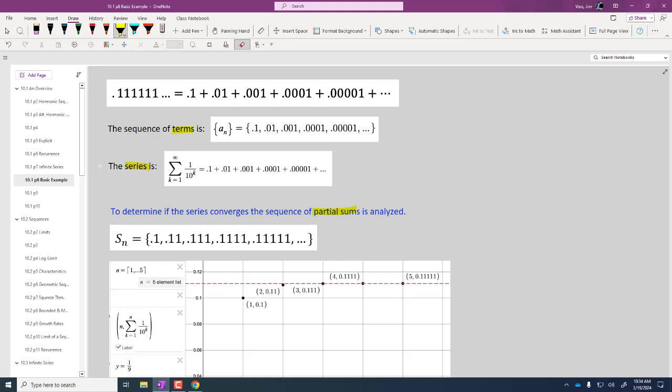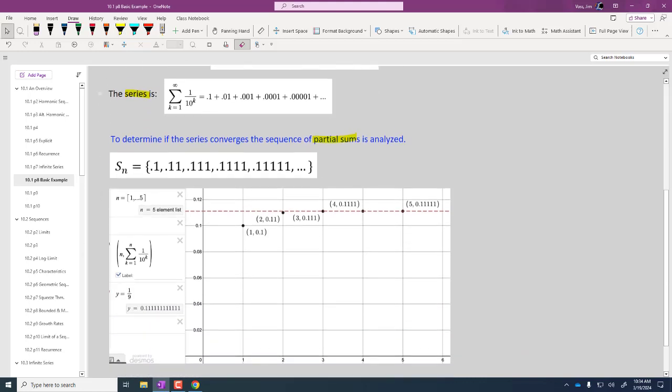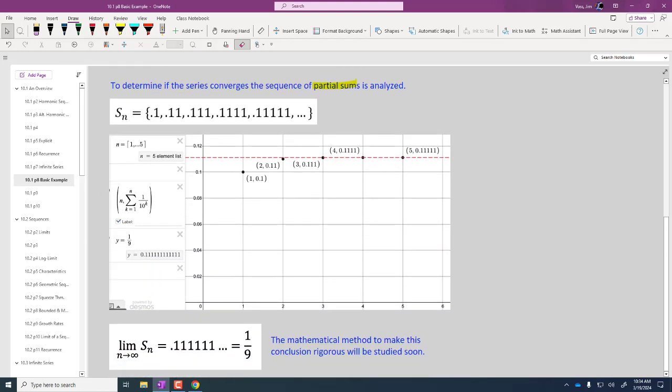Now, if we think of it visually, here's what a converging sequence of partial sums looks like. Remember that the sequence of partial sums is growing if we're dealing with positive numbers. We're adding a term, adding a term, adding a term, so we're going up.